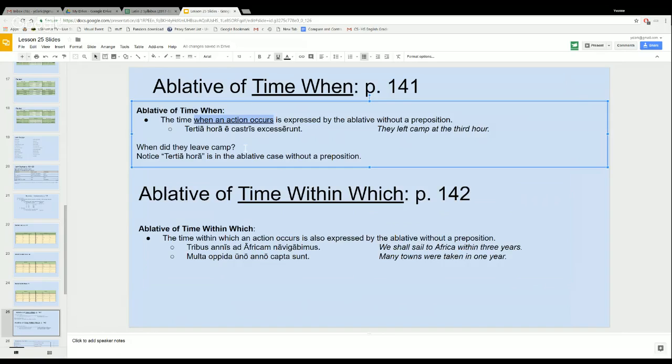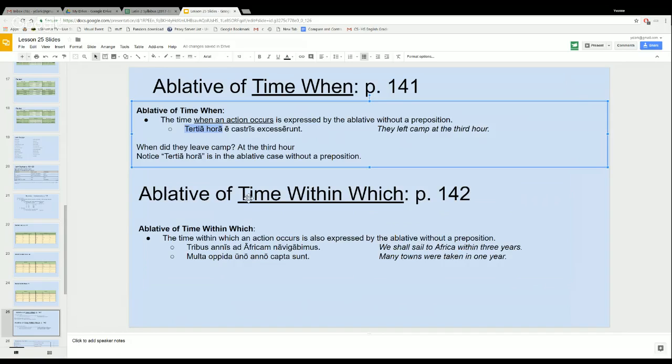So when did they leave camp, everybody? At the 3rd hour. Okay, so you see why that falls under ablative of time when. When did they leave the camp? At the 3rd hour. Okay, so again, it's placed in the ablative here without a preposition.